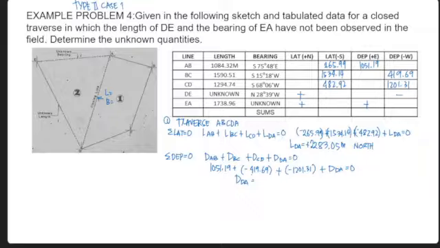Okay. And this is unknown bearing pero yung length niya is 1,738.96. And this one, length is unknown pero yung bearing niya is north 28 degrees and 39 minutes west. Okay.